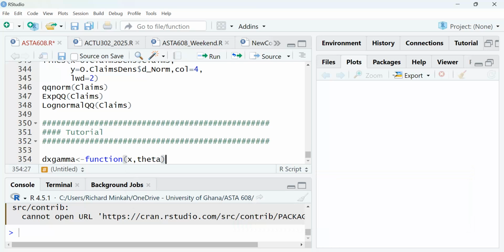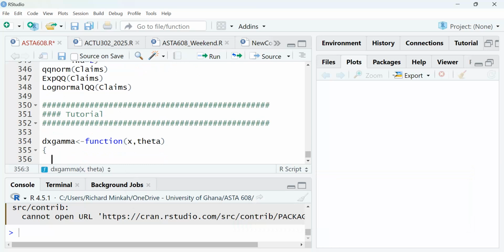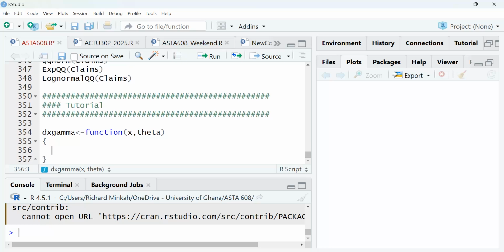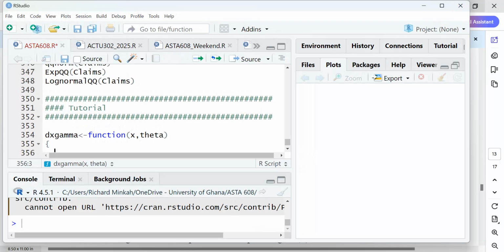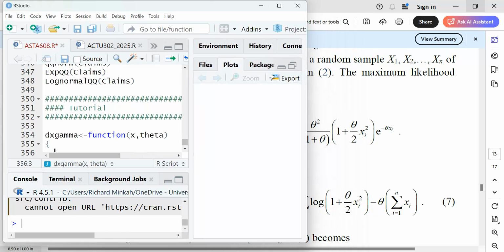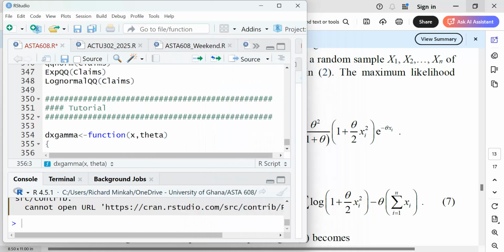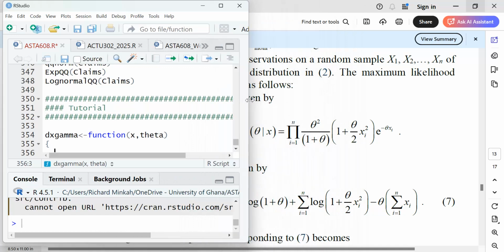So we have to go into the... We are going to write what we see over there. Okay, and then have this as well.